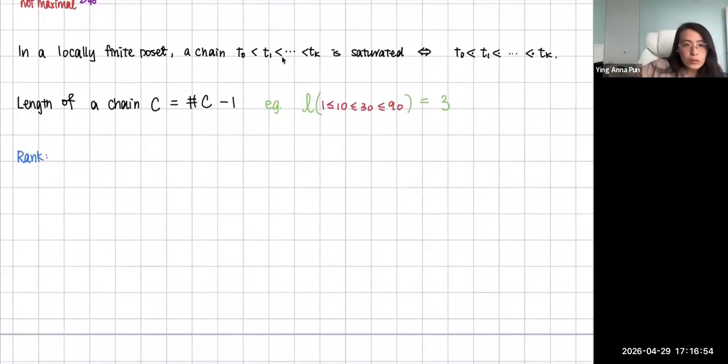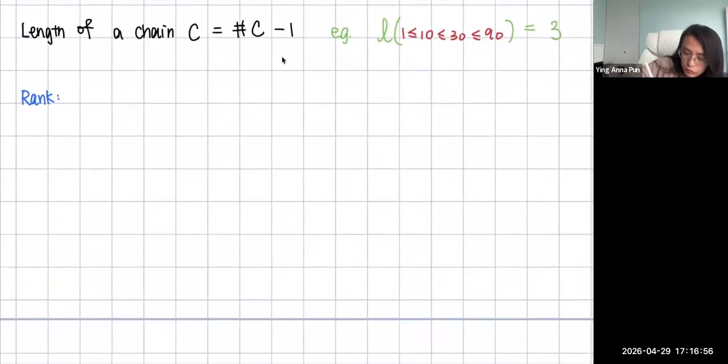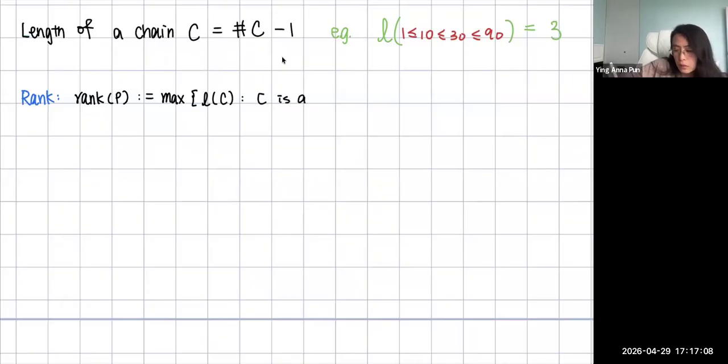Now, finally, we can talk about rank. So what is rank? The rank of a poset P is the maximum of all the lengths of the chains in the poset. So you basically look at all the chains, but as we already know, there's a notion of maximal chain.